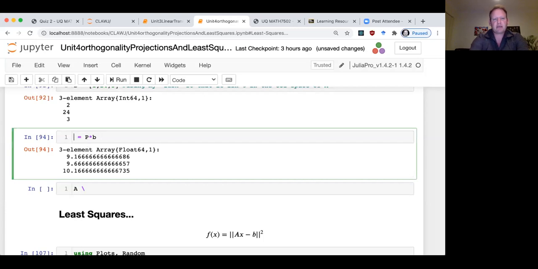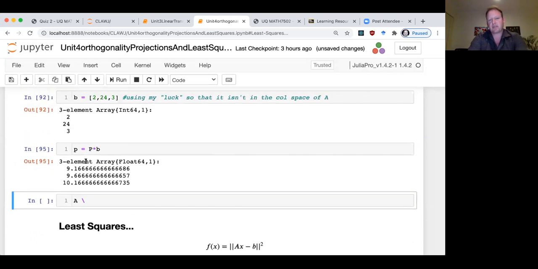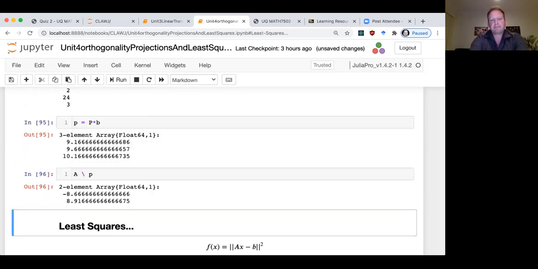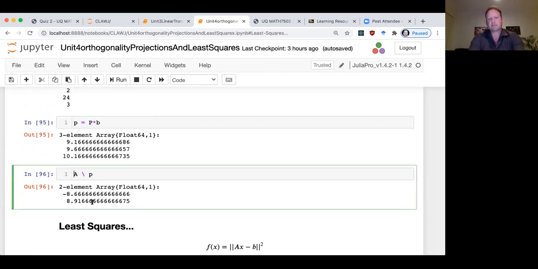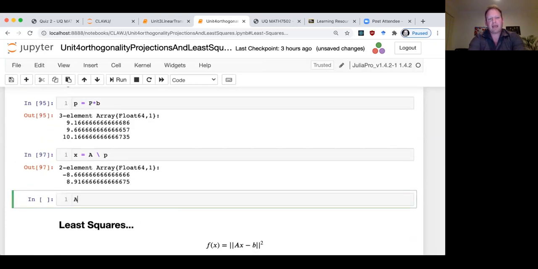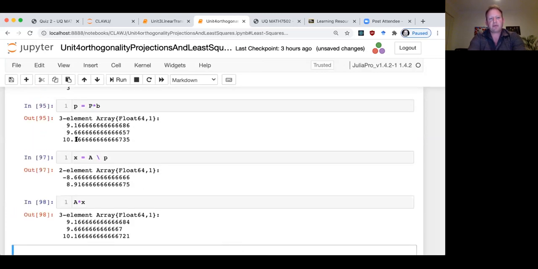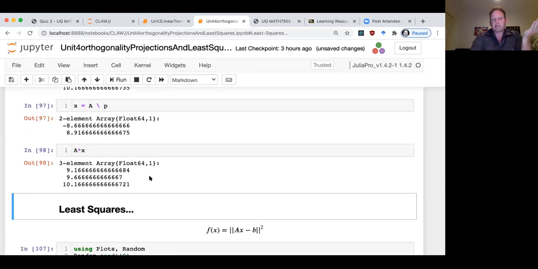This is P. P is a projection and x is this. So A divided by P, or rather, solve this linear equation AP. Let's call this guy x. If you now apply A times x, you're going to get the point P. So that's a projection.